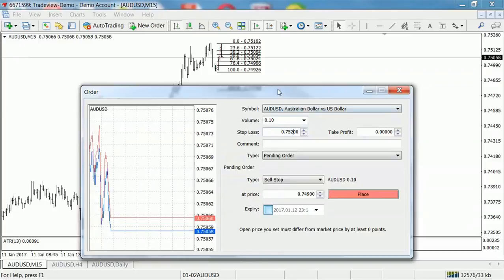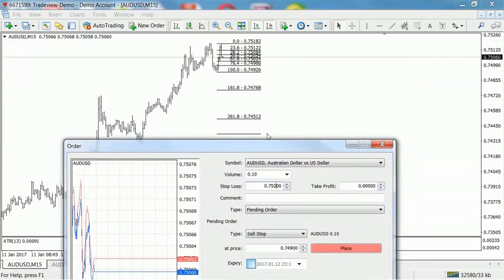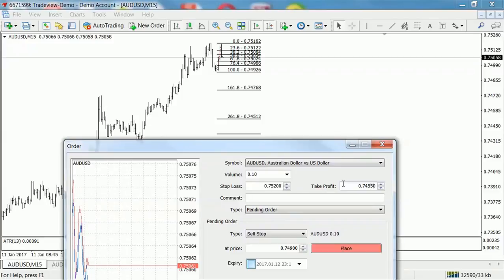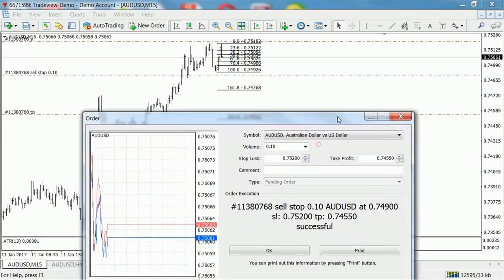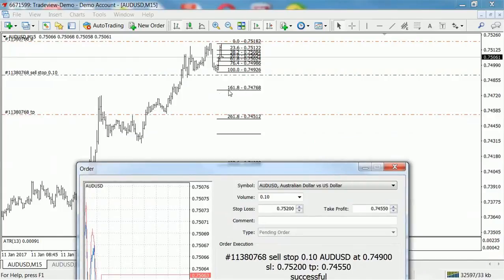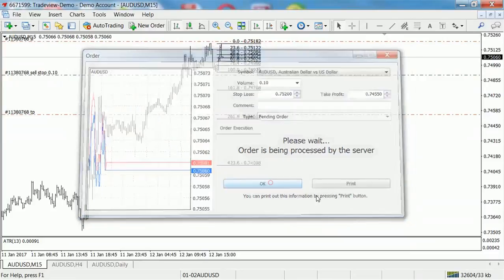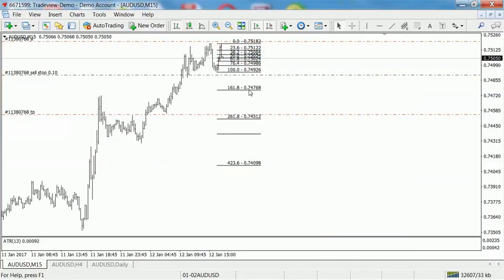In this instance, because it's a 15-minute chart, maybe you're just going to take 74.55, so you can place a sell stop there. That's too near, so I'm not going to use the 161 take profit.